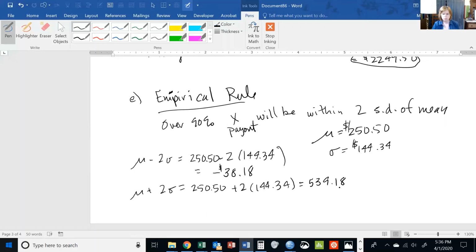So according to the empirical rule, most of the time the payout will be greater than a negative amount and less than about $539. So what's the actual probability of being within there?